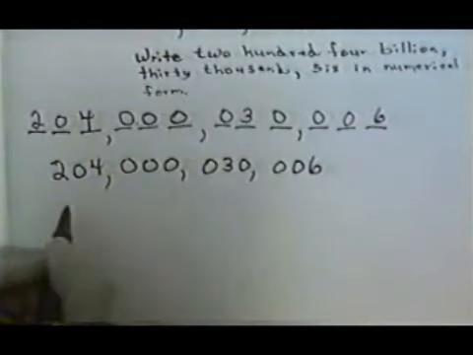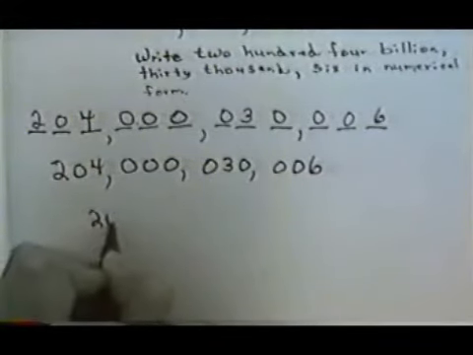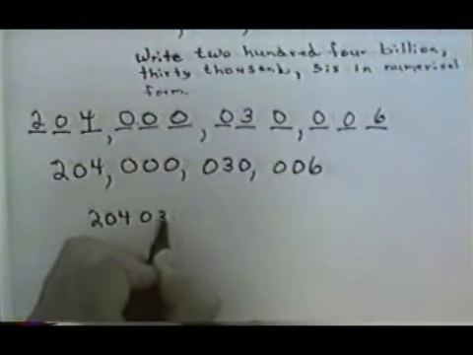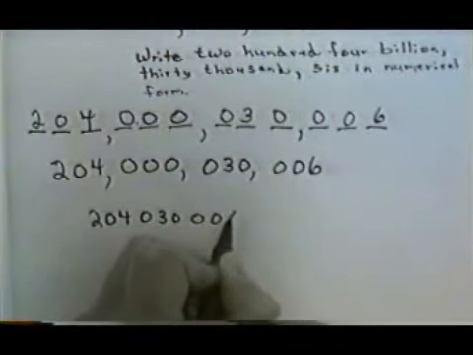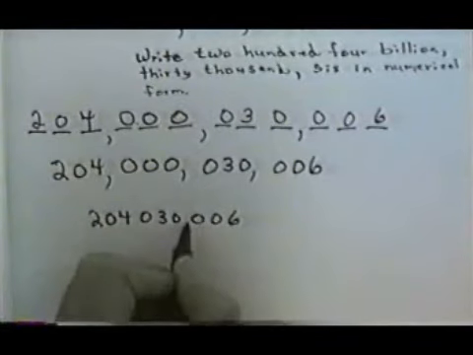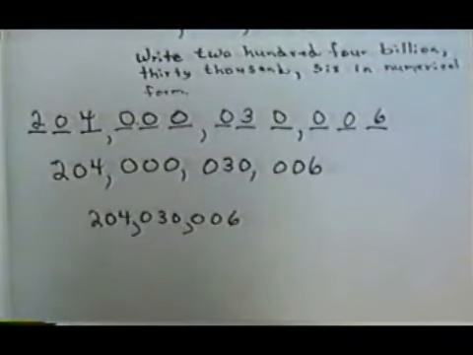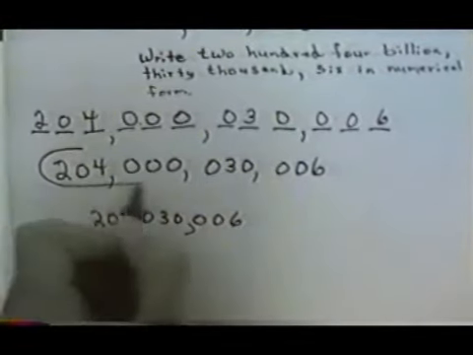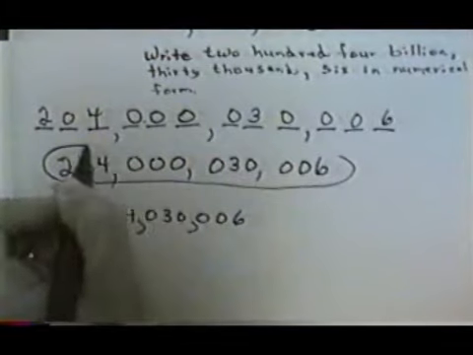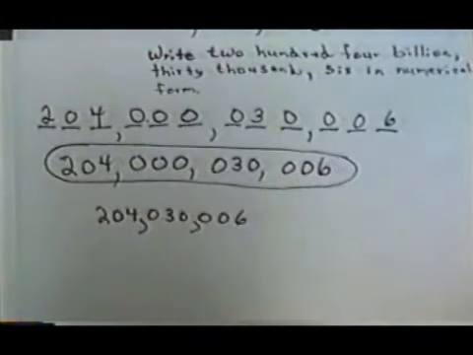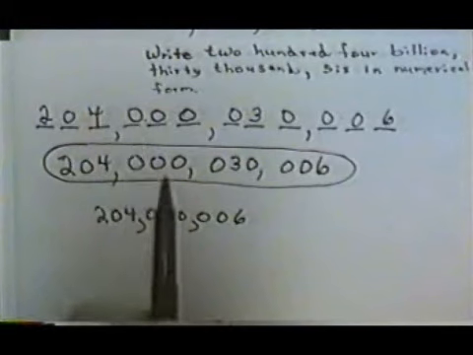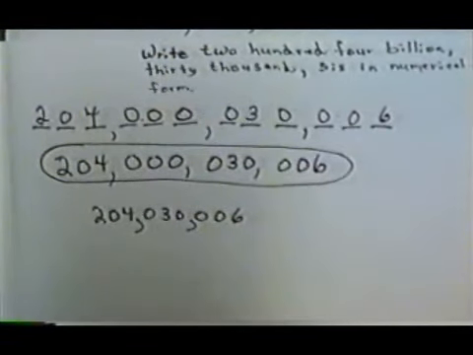Now, if I had left those zeros out and written 204,030,006, see what would have happened is I'd have had to go back and put new commas in, and that would have made my number 204,030,006. So if I want my number to be 204 billion 30,006, I'm going to have to put these 3 zeros in to let you know that there are not supposed to be any millions there.